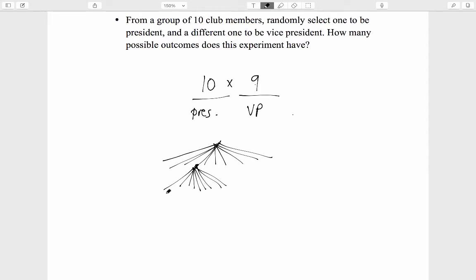So there will be 9 plus 9 plus 9 plus 9 plus 9 plus 9 plus 9 plus 9 plus 9 plus 9. 10 copies of 9 will be added up when you count up the total number of pairs of a president with a vice president. Our conclusion? By the multiplication principle, there are 90 different possible outcomes for this experiment.